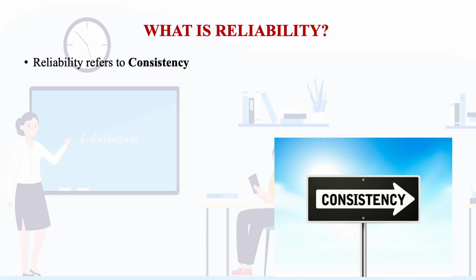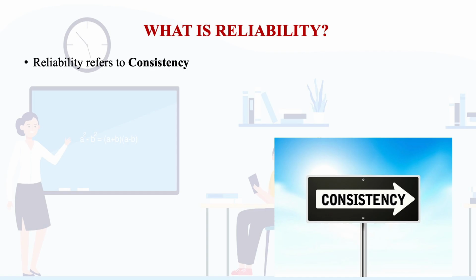Without developing norms, we can't say that the tool is a standardized tool. But here we are not going to discuss norms; we are just going to discuss one of the criteria, that is reliability of an effective tool, and in our next video lesson we will discuss validity. So now let us focus upon reliability.